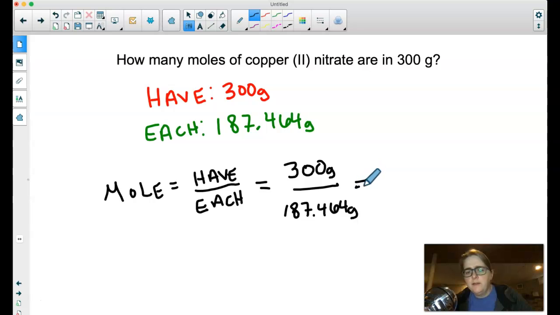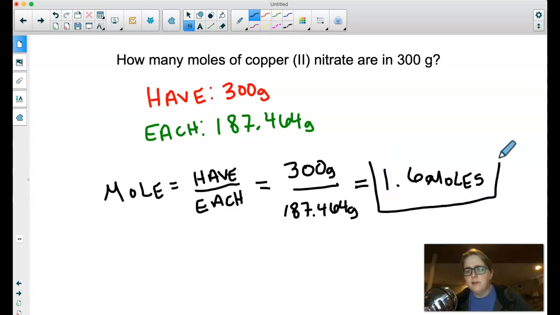And my calculator gives me a fair number of decimals. You don't need to give every single decimal from the calculator. I'm not going to be picky about exactly how many. But it gives me about 1.6. So that means I have 1.6 moles. And it is possible to have part of a mole. So just like you can get a half dozen eggs or a full dozen eggs, you can have part of a mole. It just means you don't have enough atoms to make up that full mole.